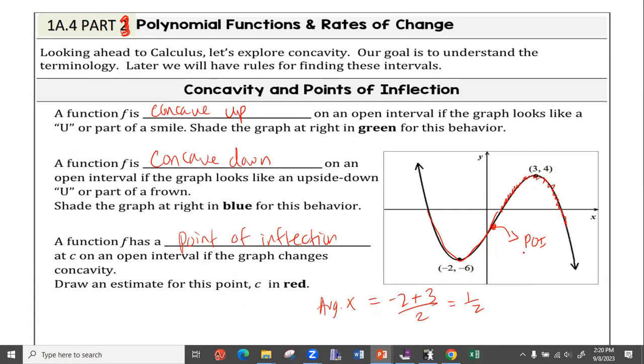So if I get 1/2 here, that's going to be the X, and then we're going to do the same thing for the Y. So on the Y, our Y is -6 plus 4 divided by 2, and what do we get? -1. Check my math, guys. Yes, okay. So that's our POI.